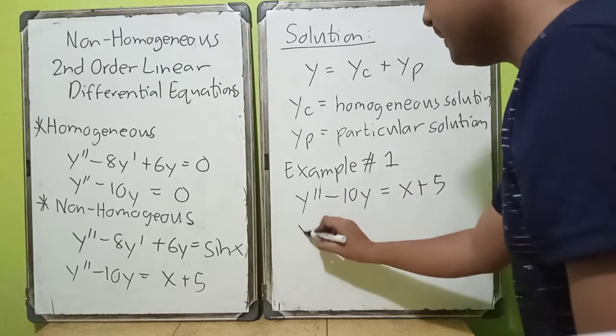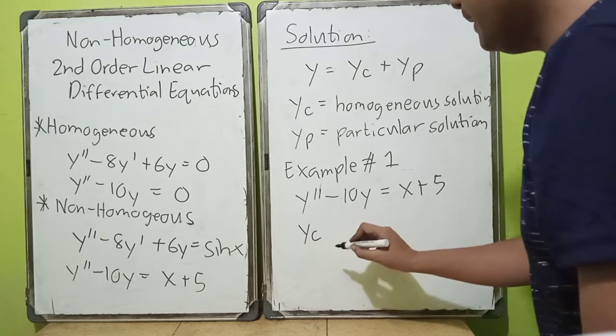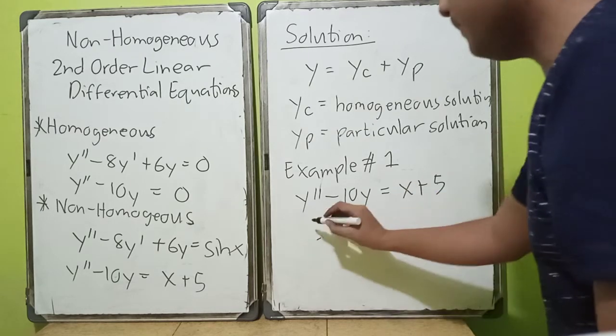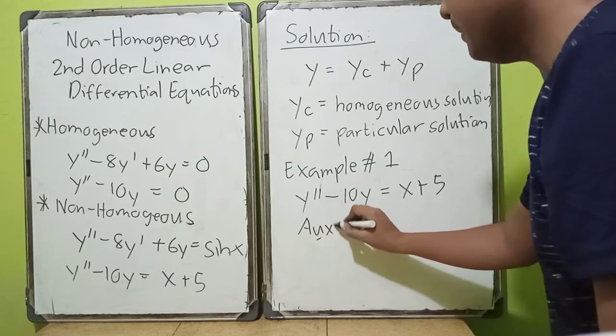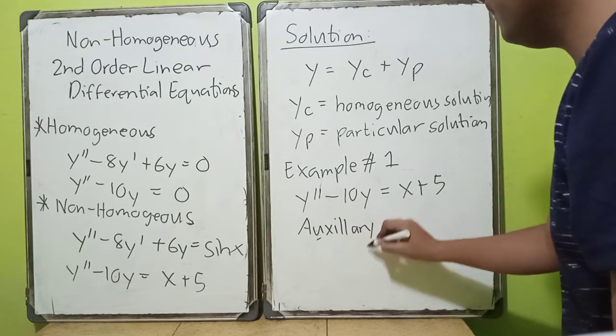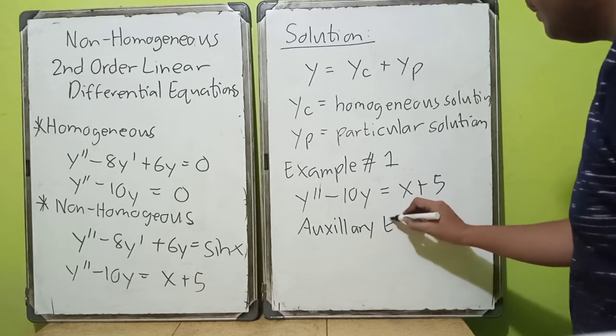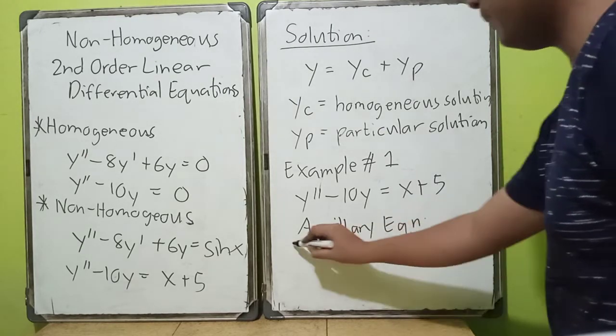So, ano una nating gawin? So, we get the yc. So, first we get the yc. So, ganun pa rin. Same with homogeneous differential equation, we get the auxiliary equation.